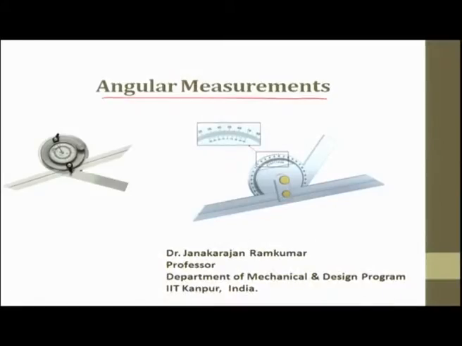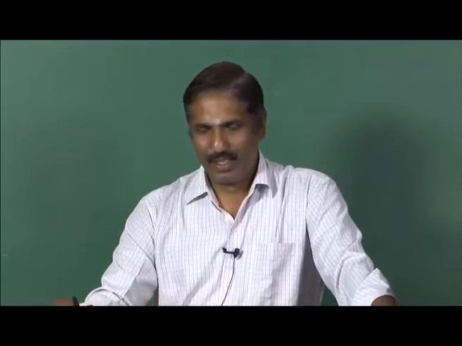Welcome to the next topic of discussion, which is on angular measurement. In engineering, if we know how to draw a straight line and draw an arc, then we can split any complicated geometry into lines and arcs.